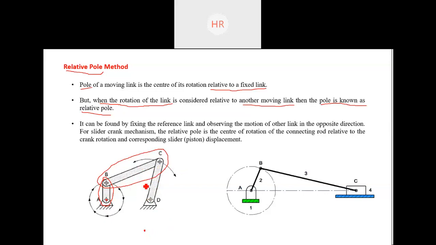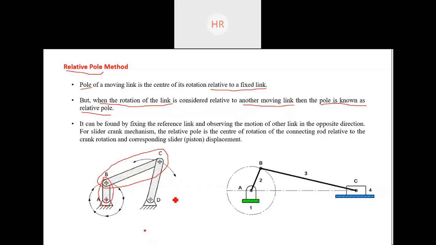This link BC will seem to rotate about some unknown center. So that pole is called relative pole. The rotation of a link with respect to another moving link is called relative pole.